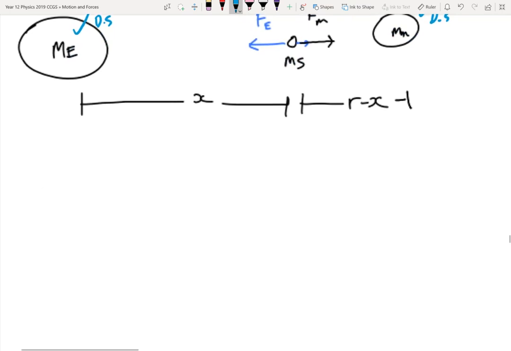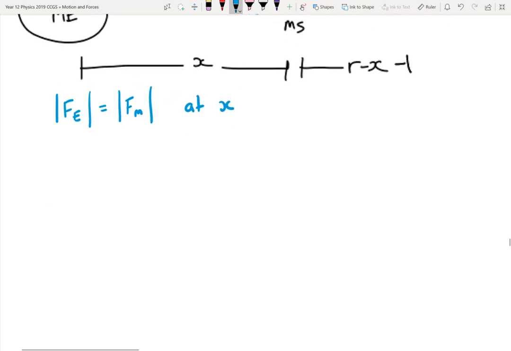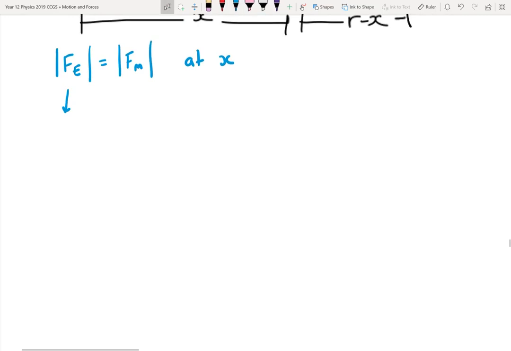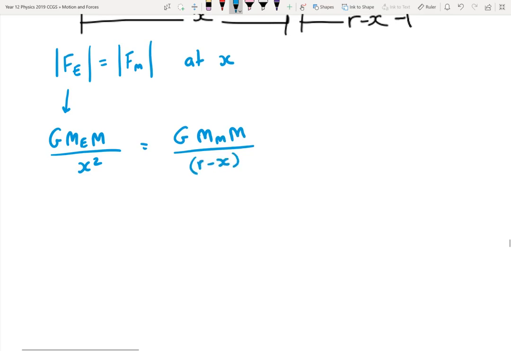We will say that the magnitude of the Earth's gravitational force will equal the magnitude of the Moon's gravitational force at this point x. So we can then equate that, putting in Newton's universal gravitational law: G times the Earth mass over x squared equals G times the Moon mass over (r take x) all squared.